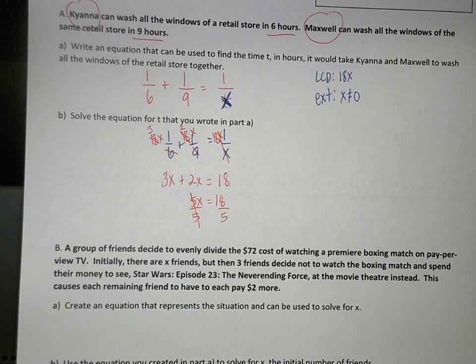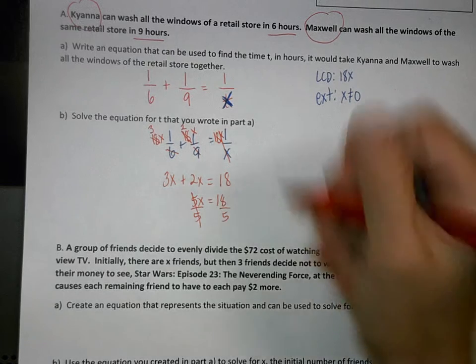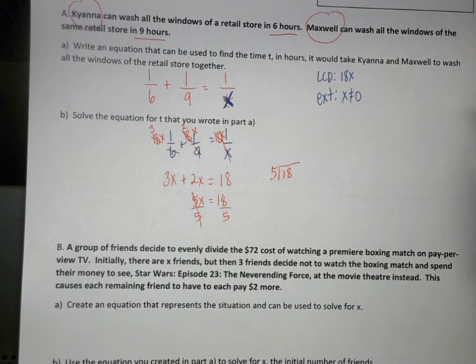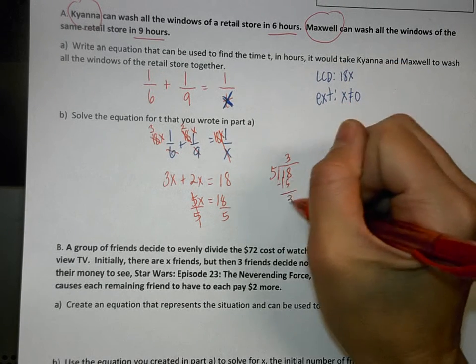Now we're talking about time. Would we ever say time as 18 over 5 hours? Yeah. So what should I do? We can start by changing it to a decimal, but we're going to have to think about this too. So let's go 5 into 18, and 5 goes into 18 how many times? 3 times. 15, subtract, 3 left over.